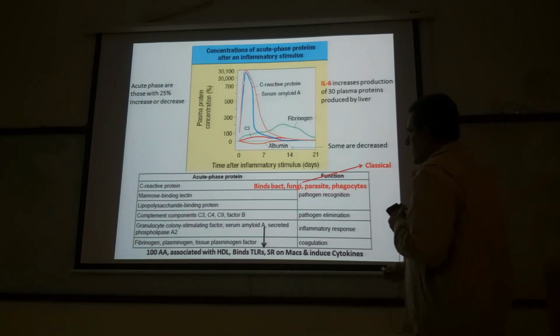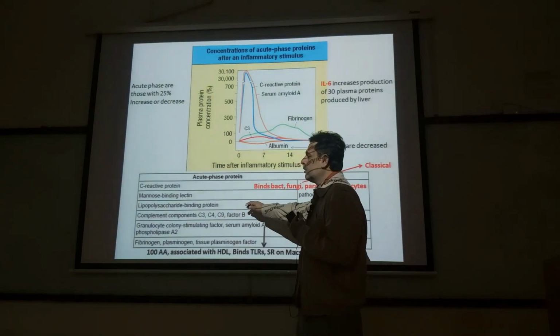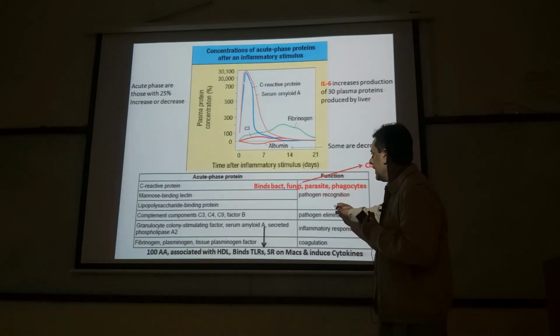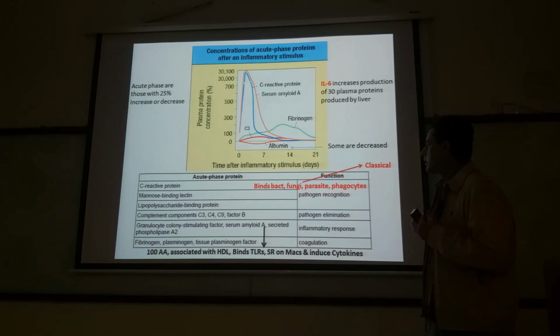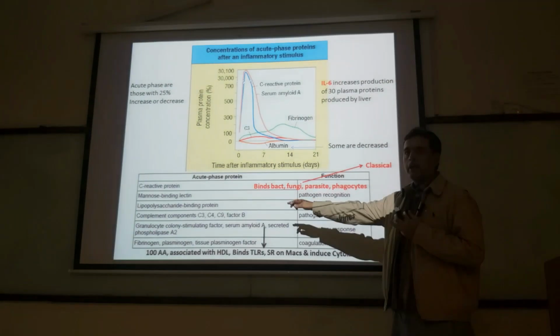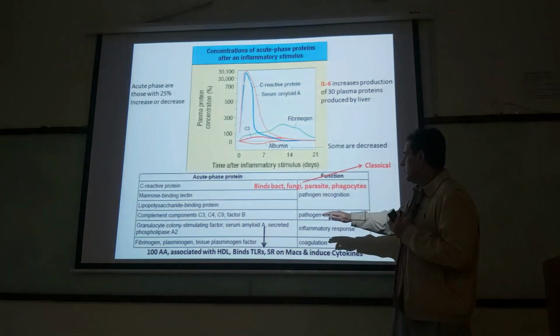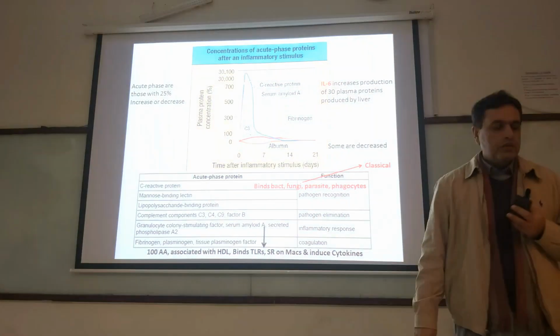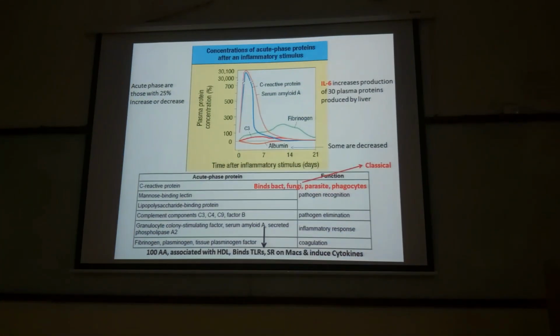And the lipopolysaccharide binding protein, or LBP, again is used for pathogen recognition. These complement proteins that you see here and factor B also are synthesized in the body for the purpose of eliminating the pathogen.